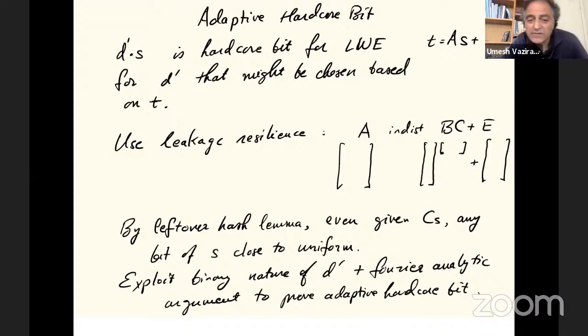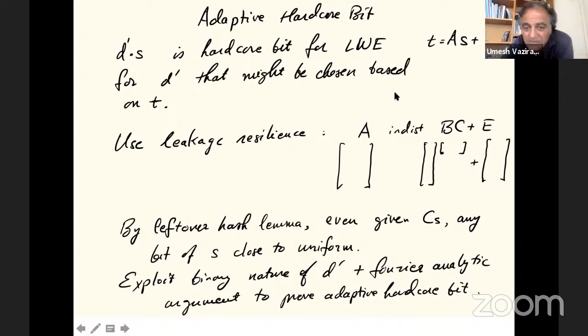So we want to show d prime dot s is a hardcore bit for LWE, and we want to specifically say that d prime might be chosen based on our LWE sample T.